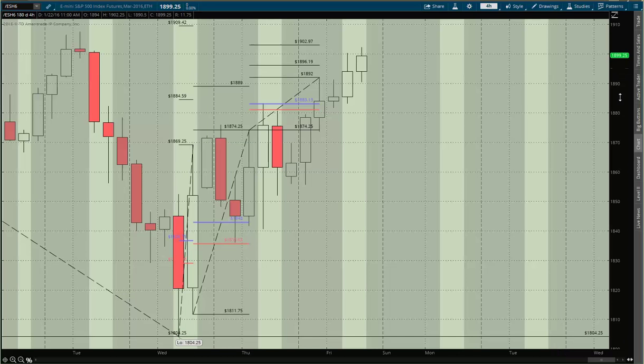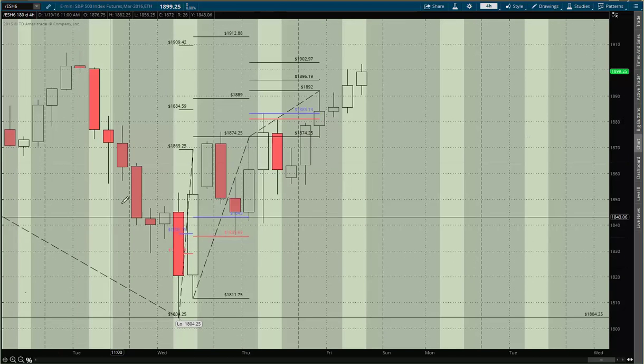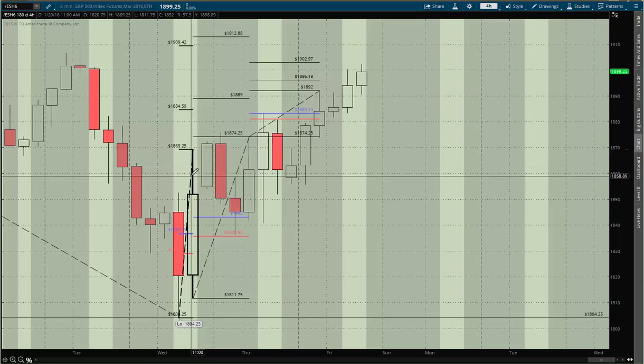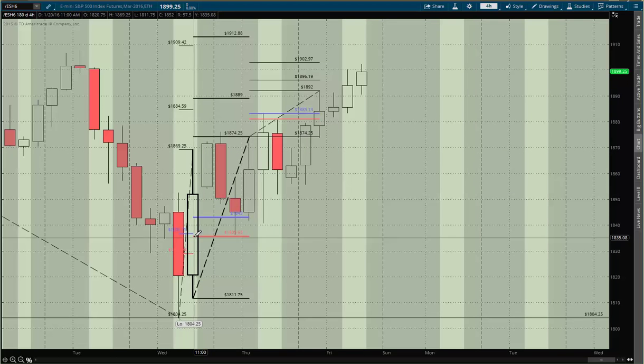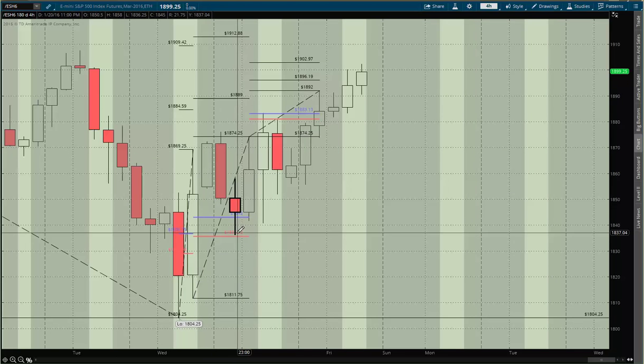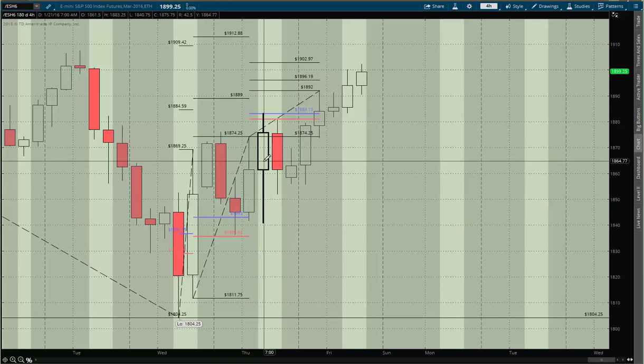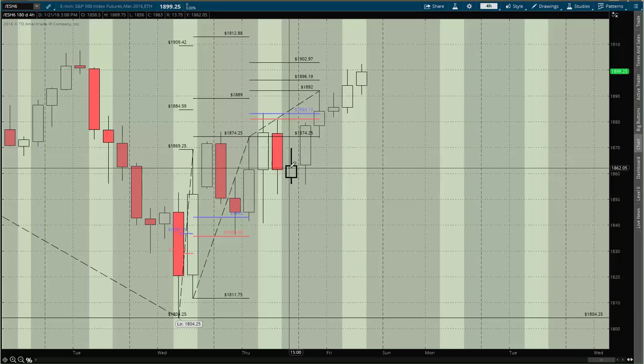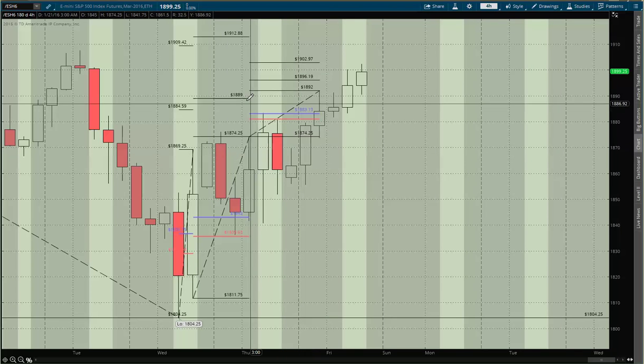In this particular case, I'm going to pull this down a little bit. We have this initial measured move, which is right here. You can see right here that price picked up immediately, but had difficulty getting into this first target.